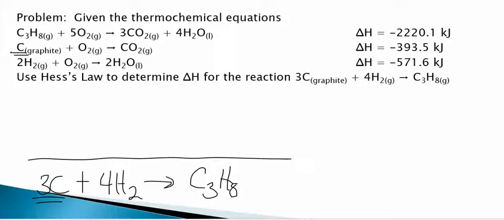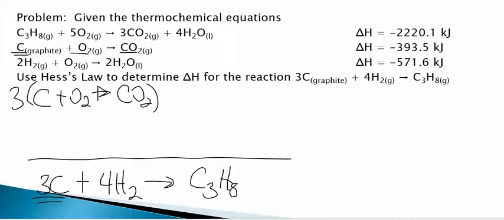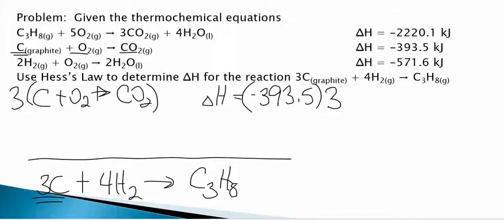There's carbon here in this second one, but I need 3 carbon. So I'm going to take this second reaction, and I'm going to multiply it by 3, which means delta H, which is negative 393.5, is also multiplied by 3. That will give me 3 carbon.